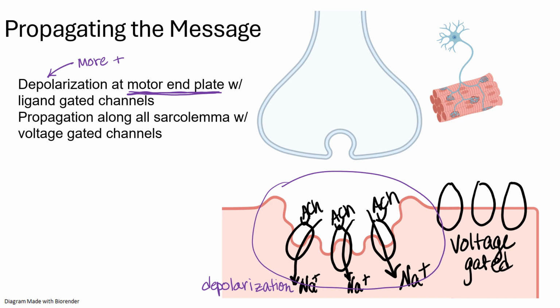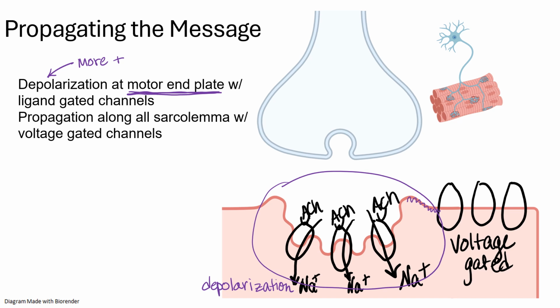So if I can open up enough of these sodium channels, if I can get enough depolarization, like a lot of it, opening up one of these will not be enough. But if I can get enough of these ligand-gated channels to open up, then what ends up happening is they create this little charge that then reaches the voltage-gated channels that are everywhere along the sarcolemma, right?